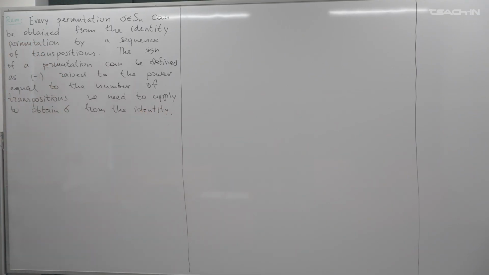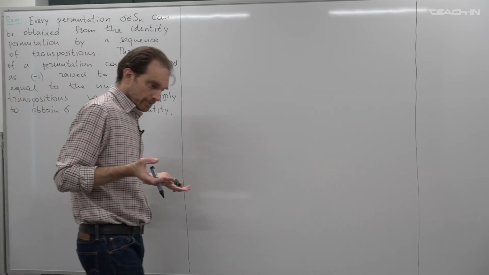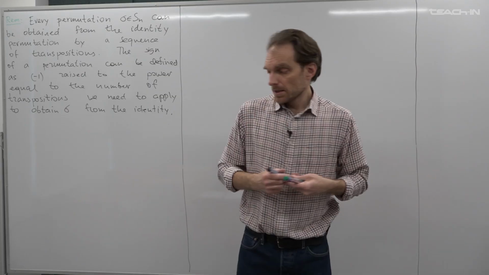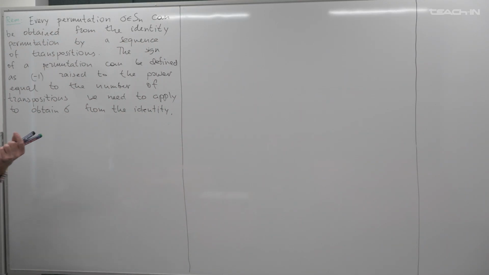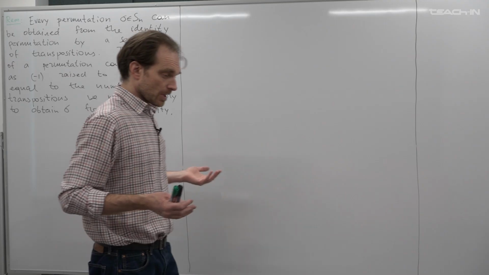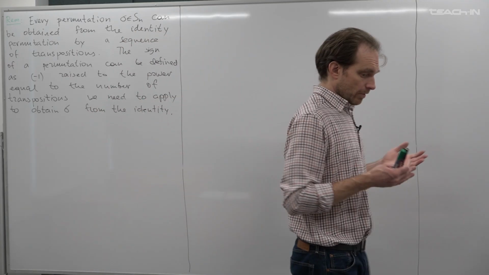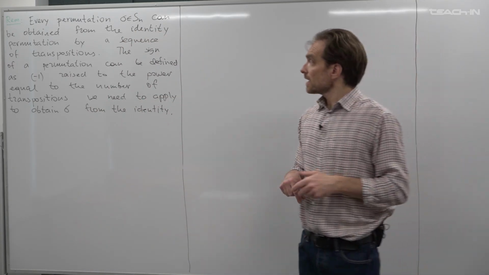If we use this definition, it is not obvious that the sign is well defined. So in theory, it could happen that one sequence of transpositions gives one sign and another sequence of transpositions gives another sign. But we know that the notion of the sign is well defined just because we define it as the number of inversions, which is unique.